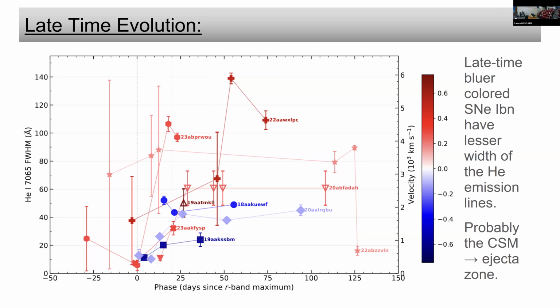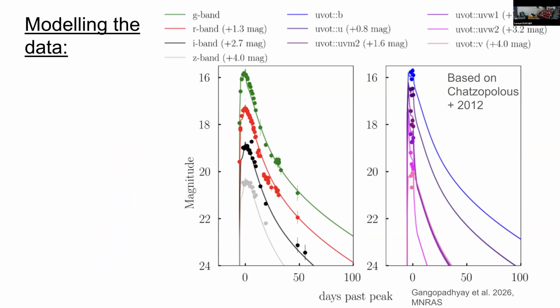When we did that, we found that some of the ones that are bluer showed lower helium velocities or FWHMs, while as we move towards redder colors, it shows broader helium FWHM. So this could mean that the bluer ones are still in the interaction zone, and the redder ones are moving towards the ejecta phase when interaction has died down.